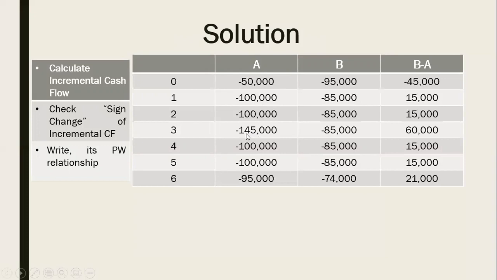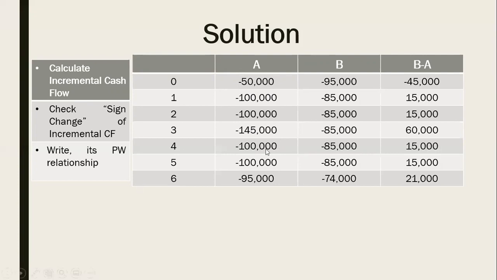Because at the end of the third year, we have to repurchase that machine, whose cost is 50,000, plus 100,000 annual expenditure, 150,000 in total, and 5,000 salvage value that we will recover. So net cash flow will be 150,000 minus 5,000, which is 145,000.